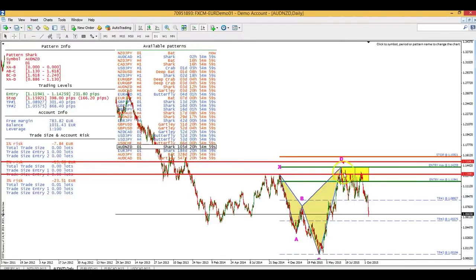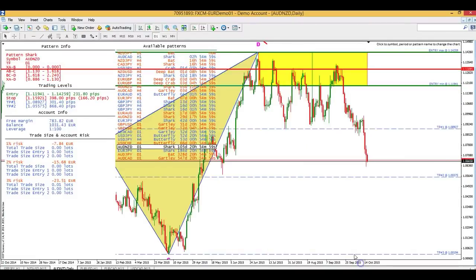Or from here to here, another 400. So you could have just got in and got out. You don't have to keep holding it. Even if you got in up here, from here to here, it's a good 300 pips. Or here to here, boom, 300 pips. 400 pips. So you don't have to continuously hold forever.